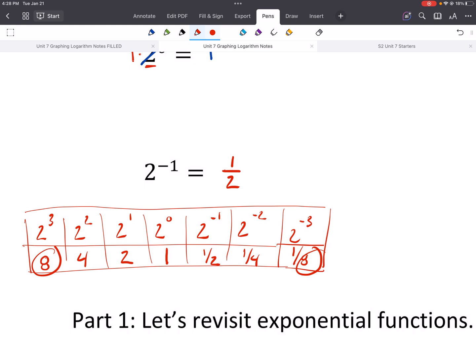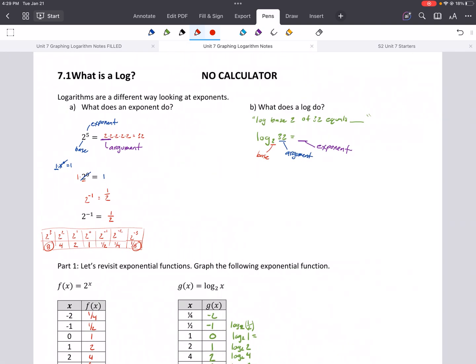Think of it as if there's not the negative, and then the negative will make it be 1 over that, like it's a reciprocal. 2 to the 1 is just 2, but when we make that negative, it's going to make it its reciprocal. Anyways, we'll give that a try.